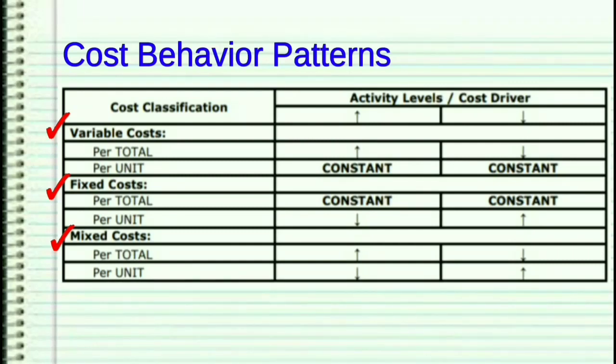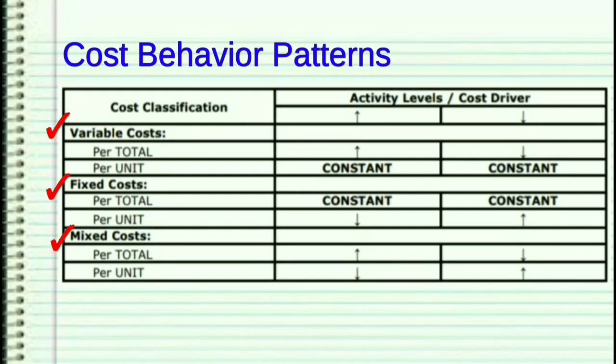Unahin kong i-discuss yung behavior ng variable cost per total. Kapag nag-increase yung activity level or cost driver, yung variable cost per total ay mag-i-increase din. At kung magdi-decrease yung activity level or cost driver, magdi-decrease din yung variable cost per total.